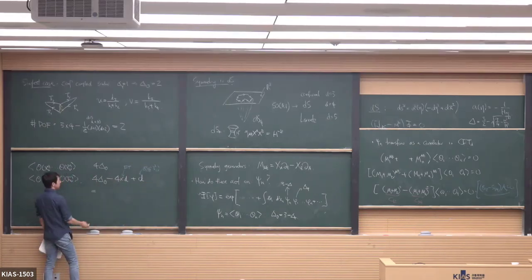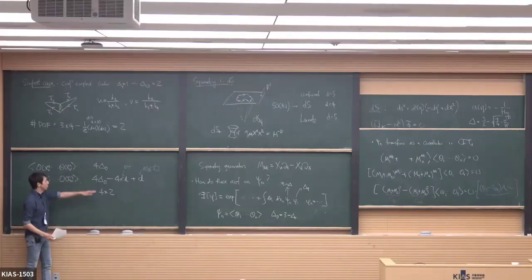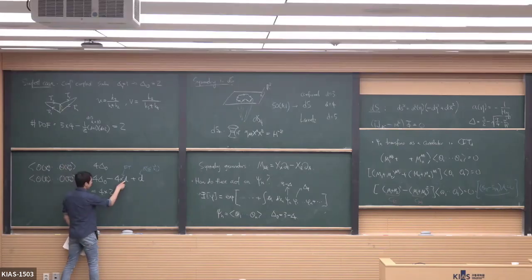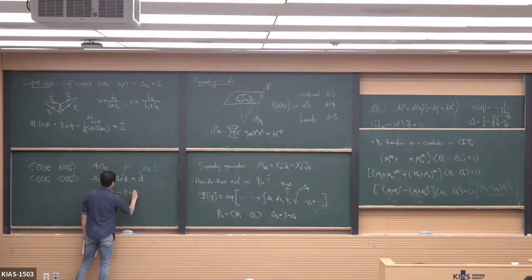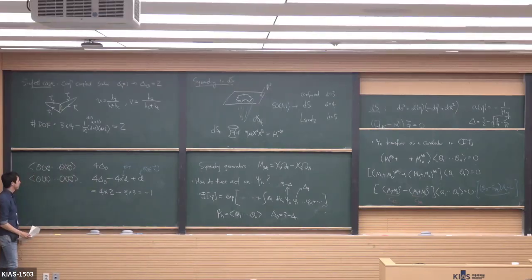This dimension was 2 for the conformally coupled scalar, and 4d plus d is minus 3d, and d is 3. So the scaling dimension is minus 1. Let me call this object psi. So psi has an overall scaling dimension of minus 1.